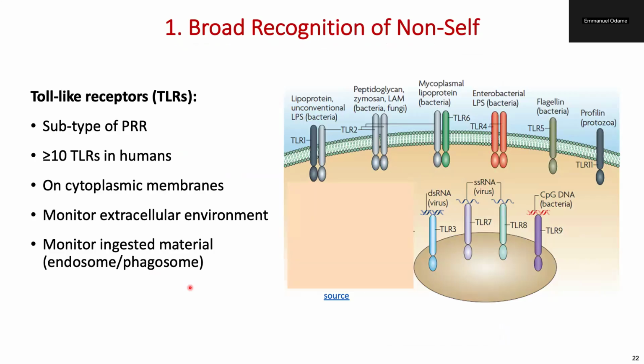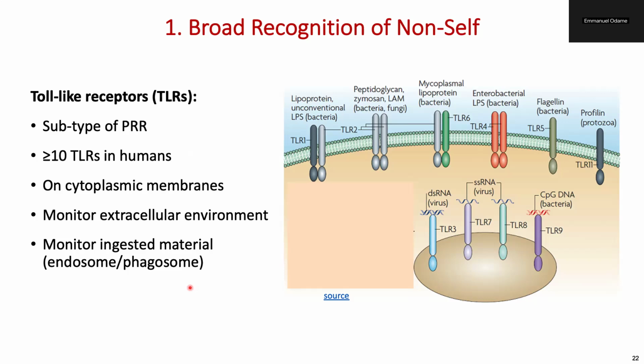Under these, we also have toll-like receptors, which are just the subtypes of the PRRs that we previously discussed. We have over 10 toll-like receptors present in humans, and they are on the cytoplasmic membrane of our cells, and they monitor extracellular movement, basically making sure that no known pathogen goes unrecognized.